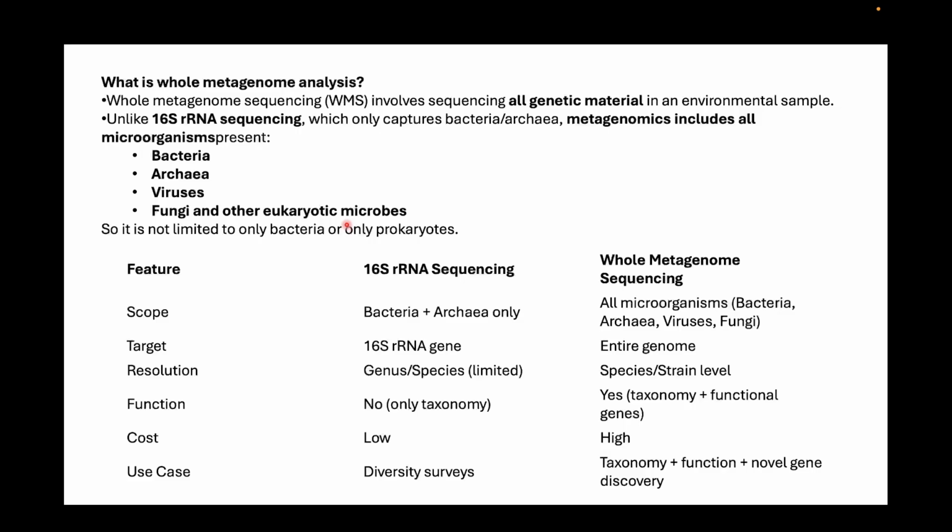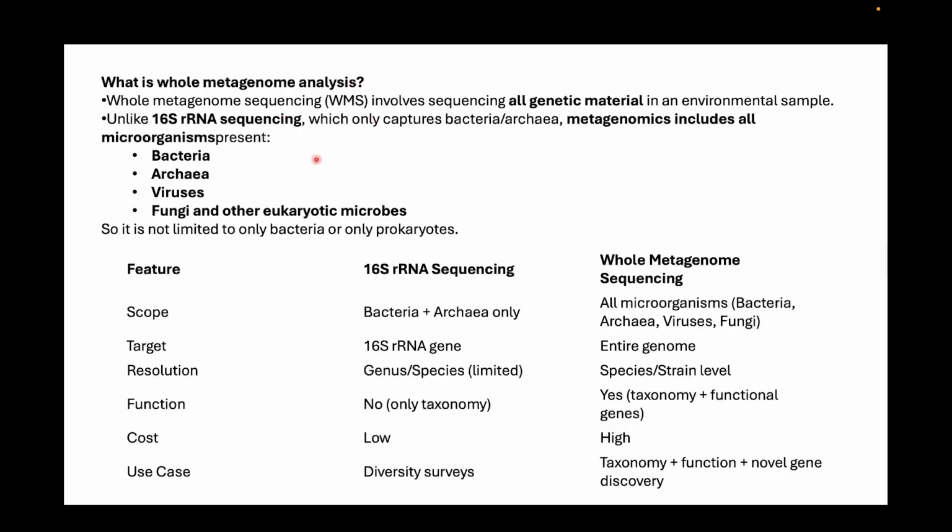So what is whole metagenome based analysis? Whole metagenome sequencing involves sequencing all the genetic material in an environmental sample. So unlike only selecting for 16S rRNA or filtering out microbial samples, it will sequence all the genetic material present in the sample. It does not create any bias.